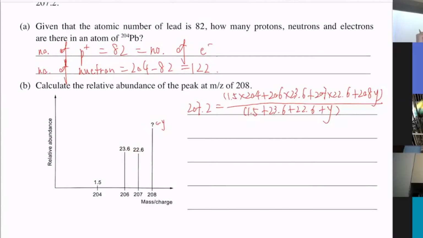So double check your answer whether it matches. You also solve the equation and get the answer.